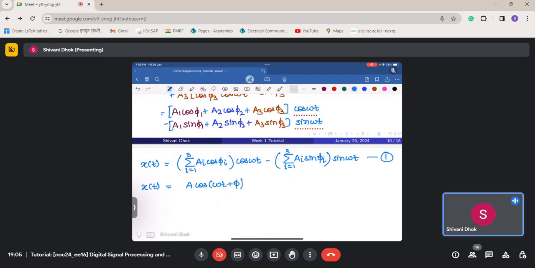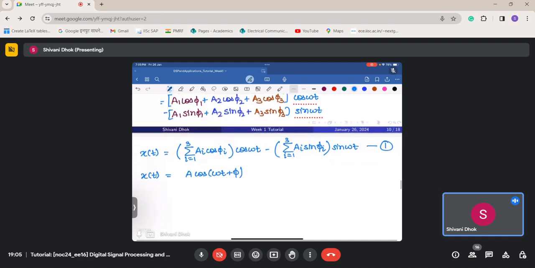Applying the cos of A plus B identity, we have A cos phi cos of omega t minus sin phi into sine of omega t, which we can write as A cos phi into cos of omega t minus A sin phi into sine of omega t. Okay, and let's say this is equation 2.